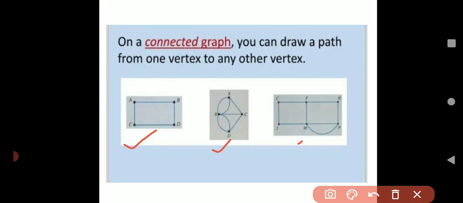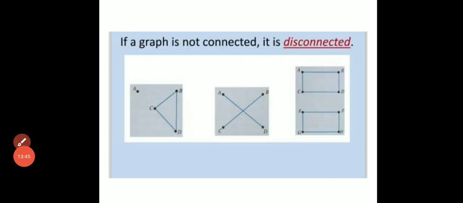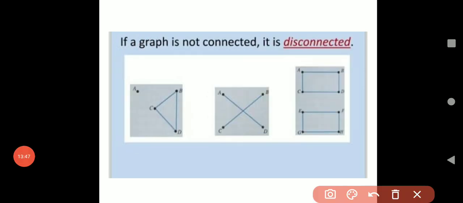Okay, if there does not exist a path between some 2 vertices, that graph is known as a disconnected graph. Here we don't have a path from A to C, so this is a disconnected graph.